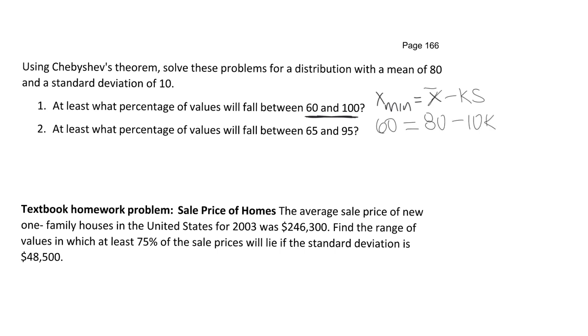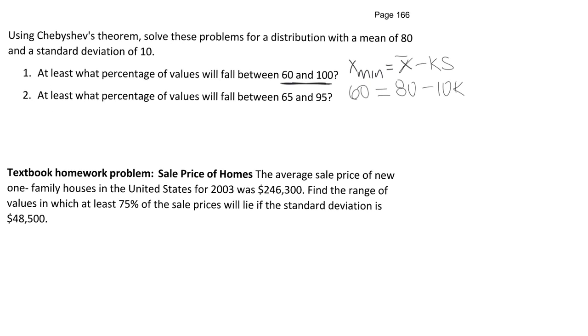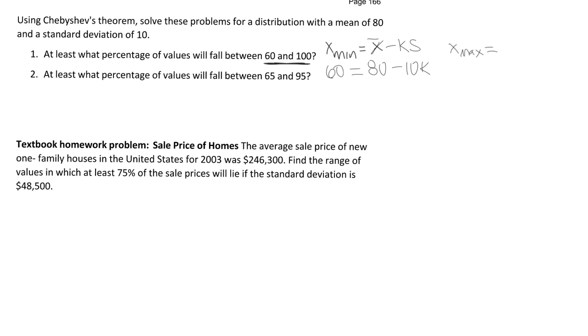Okay, so that's one of my equations. That would be for the minimum. And then for the maximum, I would do X max, which would be the average plus KS, and my max is 100, my average is 80, plus the standard deviation, which is 10, so that would be 10K.